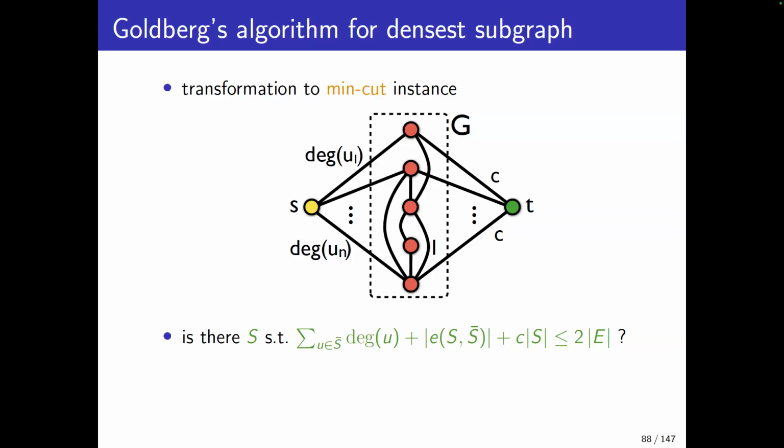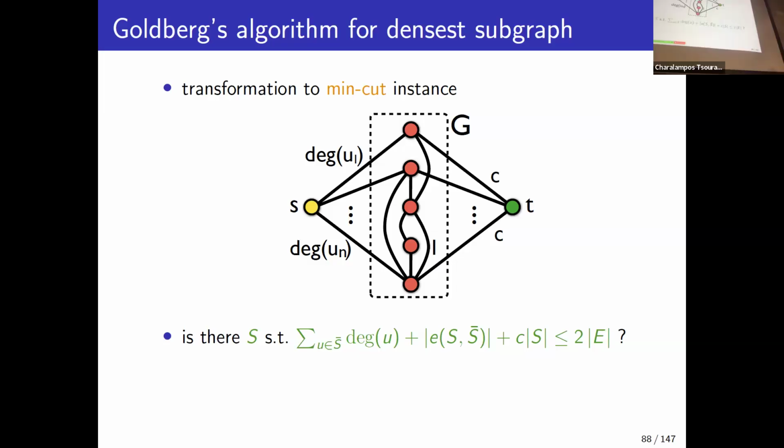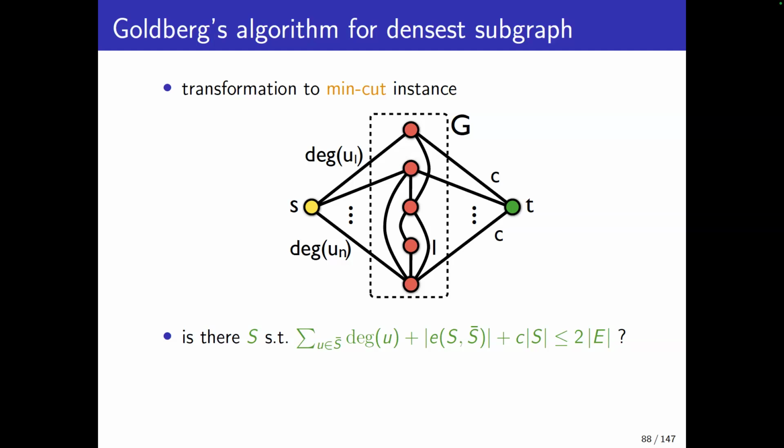Sorry, I left the dots out here. Okay, so basically s is connected to every node of the graph with a capacity equal to the degree. And from every node of the graph to the destination with capacity c. And all the edges here get capacity 1. So the construction is straightforward.